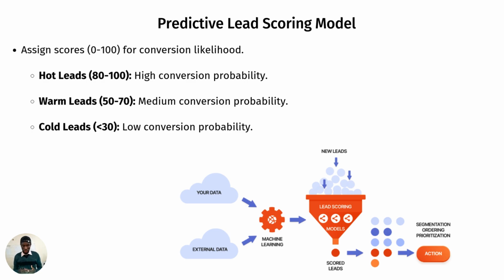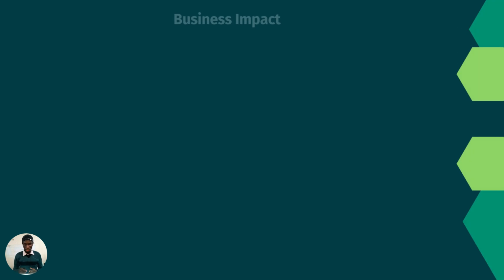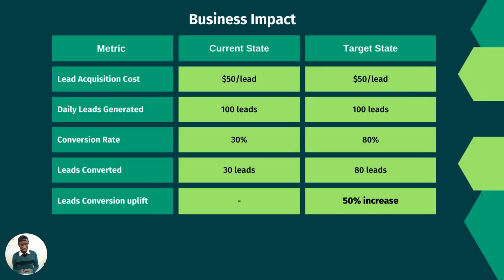From there, we are going to score those leads, maybe 80%, 70%, less than 30%. After scoring, we can classify our leads into hot, warm, or cold leads. And from there, after we have done that segmentation, we are able to take appropriate action based on the likelihood that this prospective client is going to convert to become a paying student. Okay, so this is a chart of one of the things that we want to be working with.